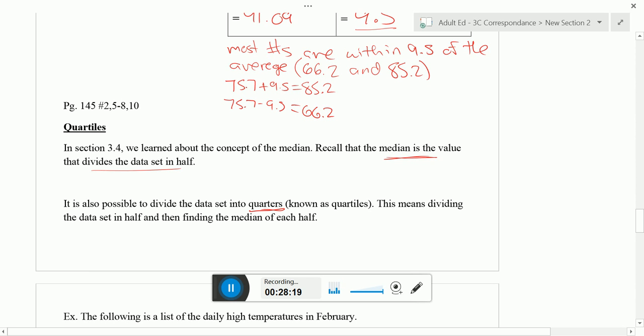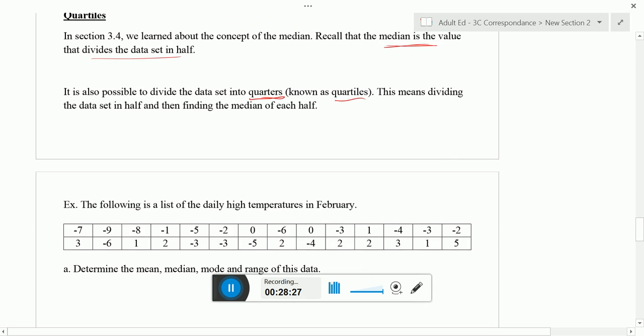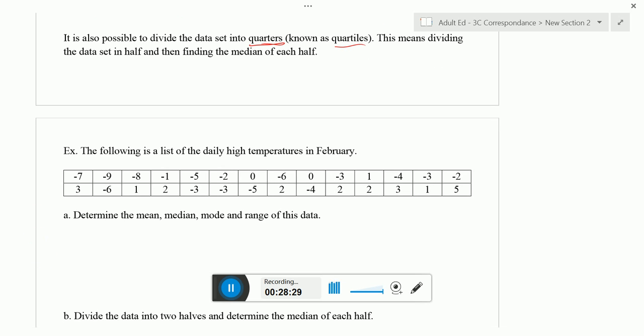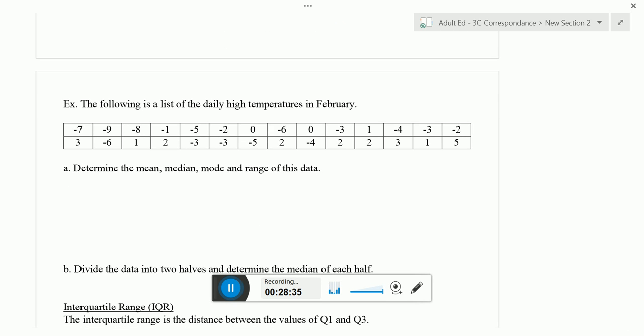And the numbers that divide your data into quarters are what we call quartiles. Now again, in order to find the quartiles and the median, we need to arrange the data from smallest to biggest. So we have the following list of daily high temperatures in February.